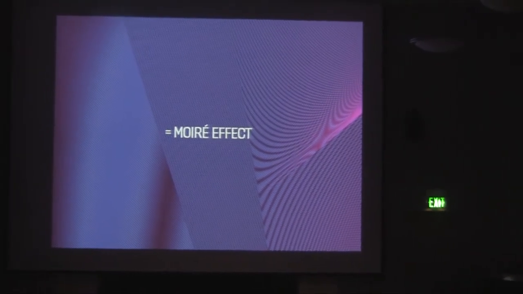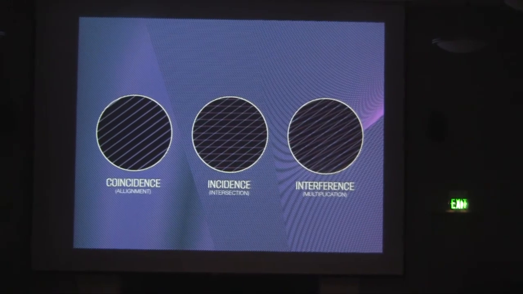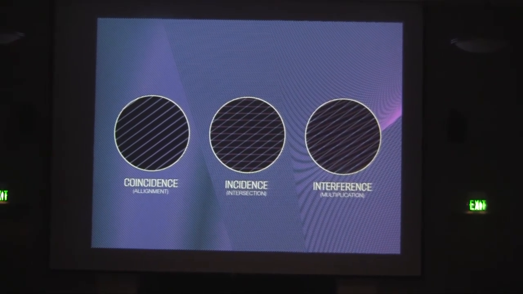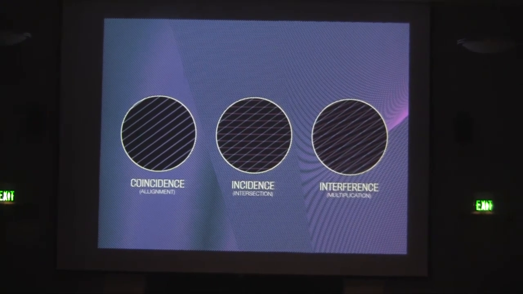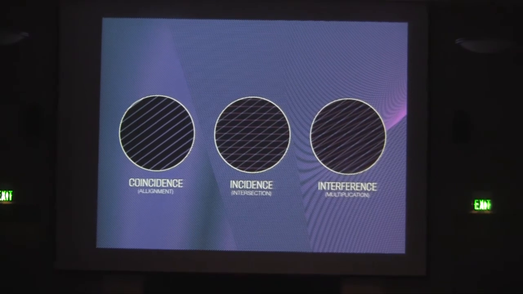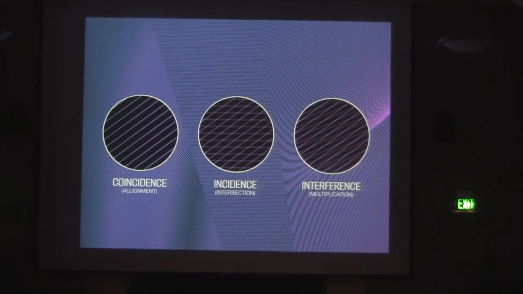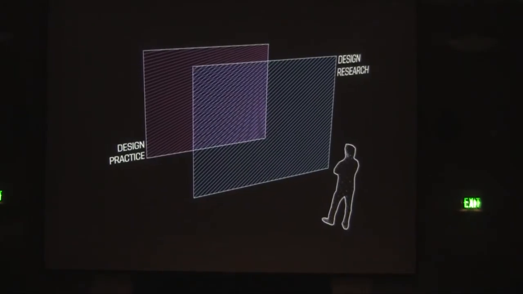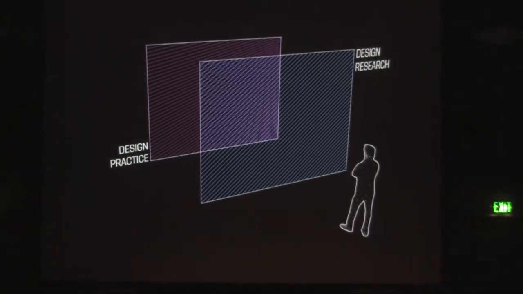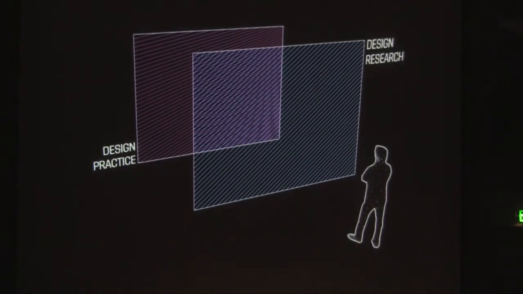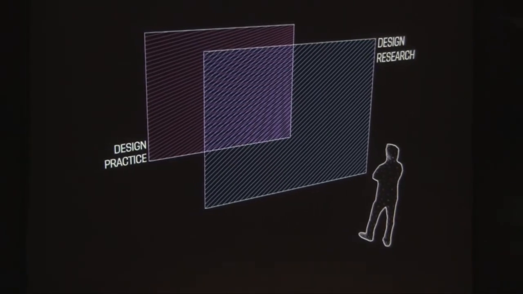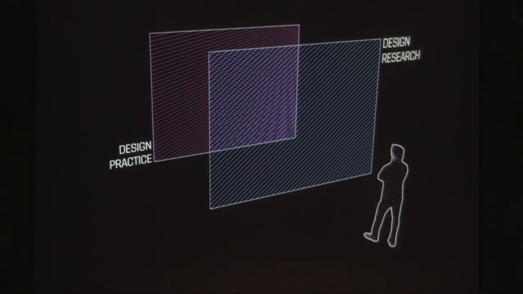That emergent third pattern is defined by what I call coincidence or alignment, incidence or intersection, and what I'm most interested in is interference, multiplication, where the actual pattern is highly defined not only by the frequency of those two patterns and their relationship, but more importantly by the relationship of the viewer. So the viewer shifts that relationship as they move around.